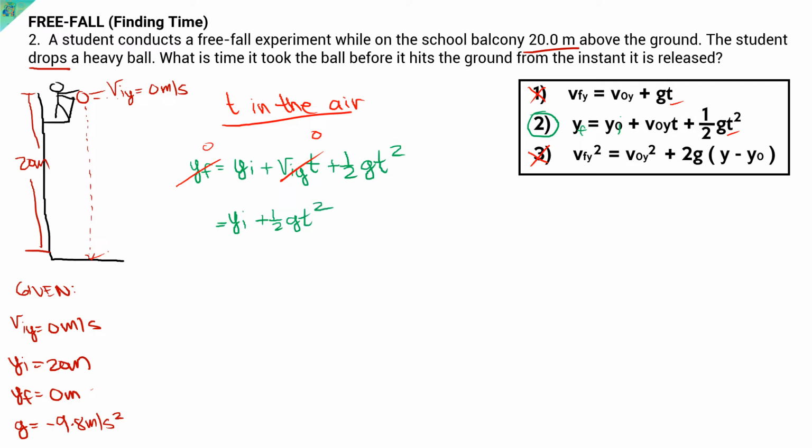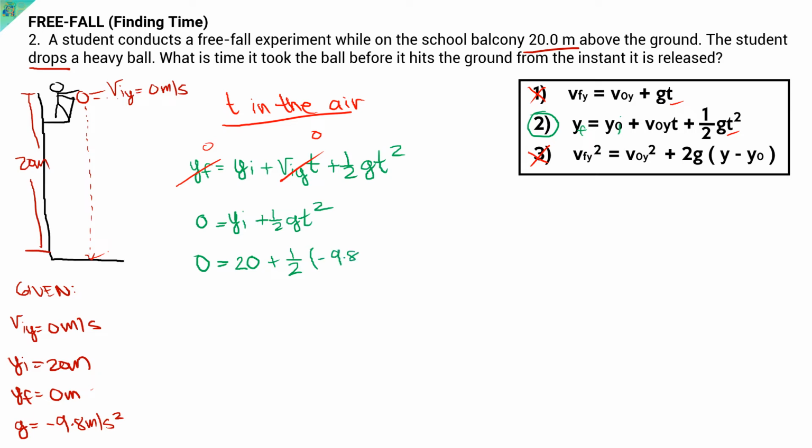And then I'm going to leave the 0 here so we don't get confused in a while. Okay? I'm going to plug in now my values, because we can't have no values inside this equation. So yi is of course 20 meters. That's 20. I'm going to leave out the units, so we're going to have a simpler, cleaner presentation of the solution. Plus 1/2. G is of course negative 9.8.